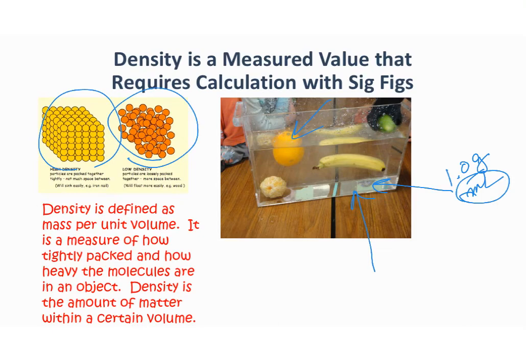If you have a high density item, it just means all the atoms or the ions or particles are packed very close together. So a relatively small volume is going to weigh a lot. If you have something that's low density, like styrofoam, that means you can have a large volume, but it's not going to weigh very much. That's because on a particulate level, the particles are not very close together.